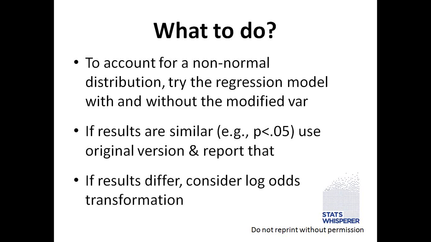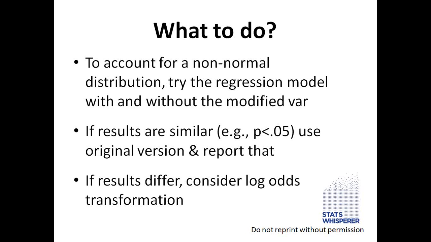So if age was significantly related to happiness with the outliers removed, and age was related to happiness with the outliers included, I would just keep the original variable, age with the outliers included, and then you might just report it in the message.